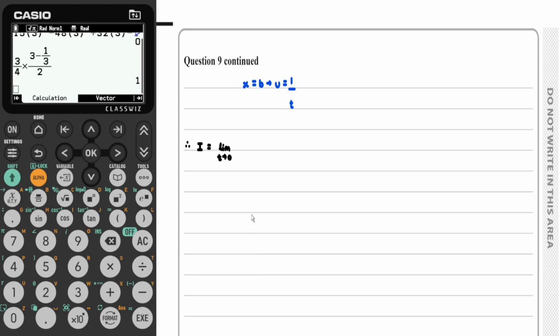Hence we have the integral which is equal to the limit as t tends towards 0 of e to the u over x squared times dx, which we've said is negative x squared du. Our lower limit is negative 1/4, our upper limit is 1 over t.